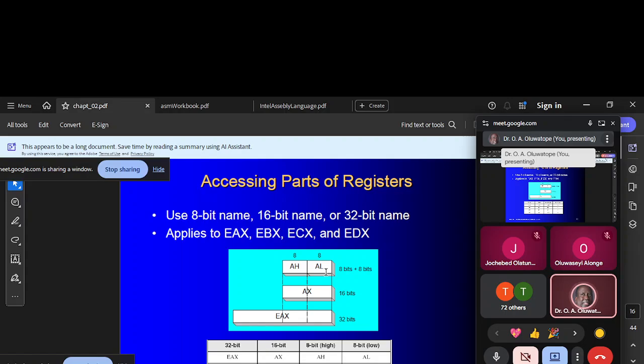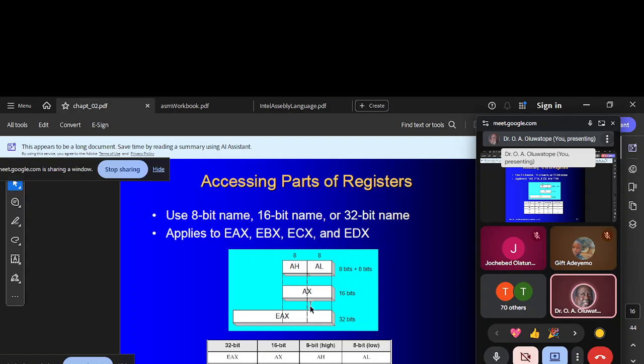So let's start with the smallest. If you split a 16-bit register into 2, then it provides you two 8 bits. The lower 8 bits, that is from bit 7 to 0, is described as the low. For example, AL means the lower 8 bits of the A register, whereas bits 8 to 15 describe the high order, the A high order.